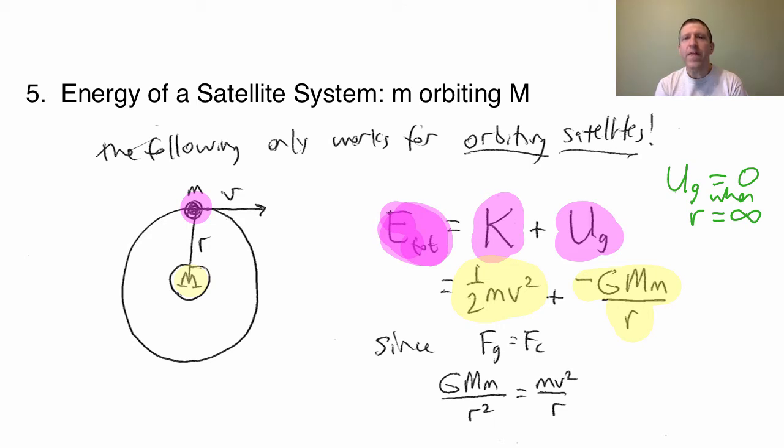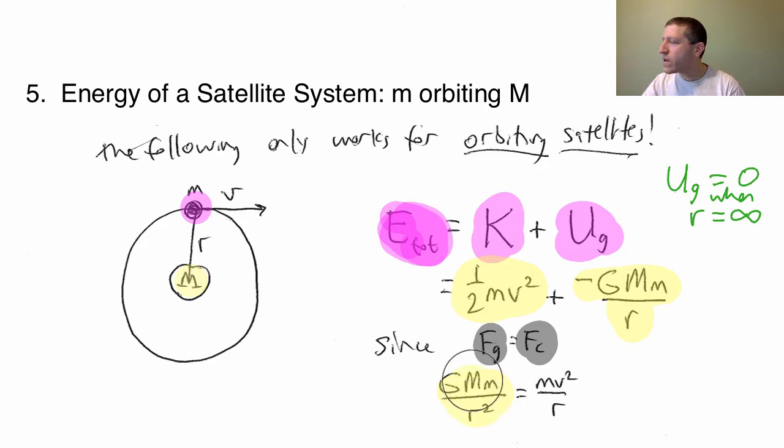You would not know this ahead of time, but we need to rewrite the kinetic energy term. And we're going to show how to do that right now. The force of gravity is also acting as the centripetal force. And notice we've done this before. This is nothing new here.